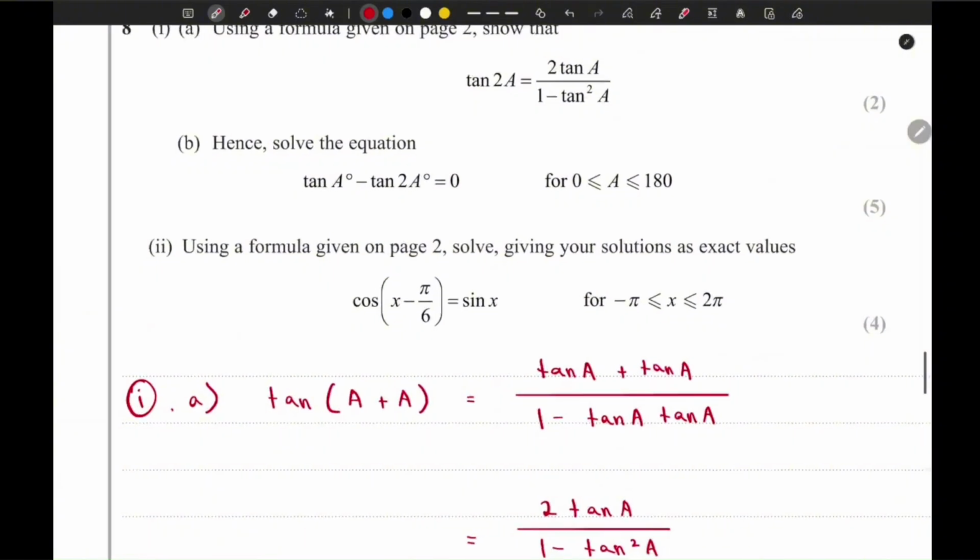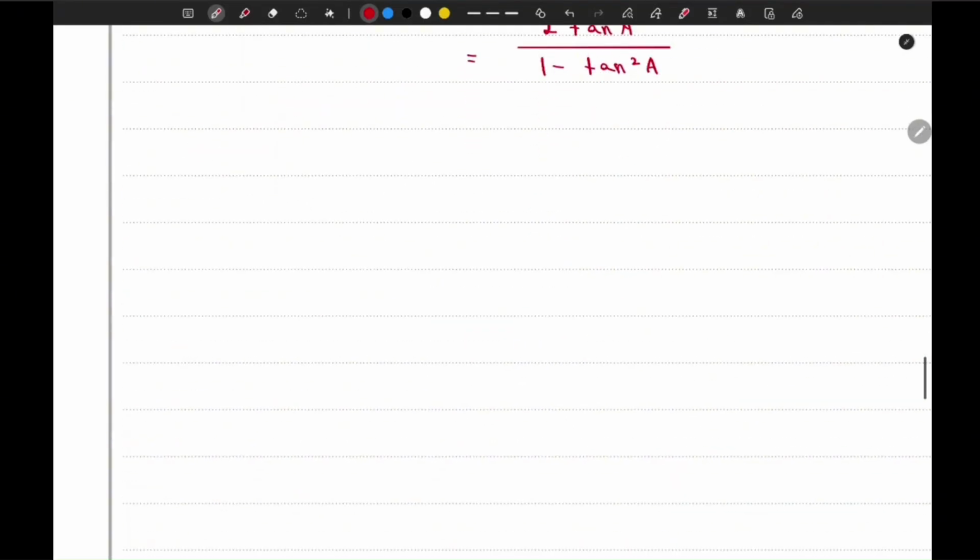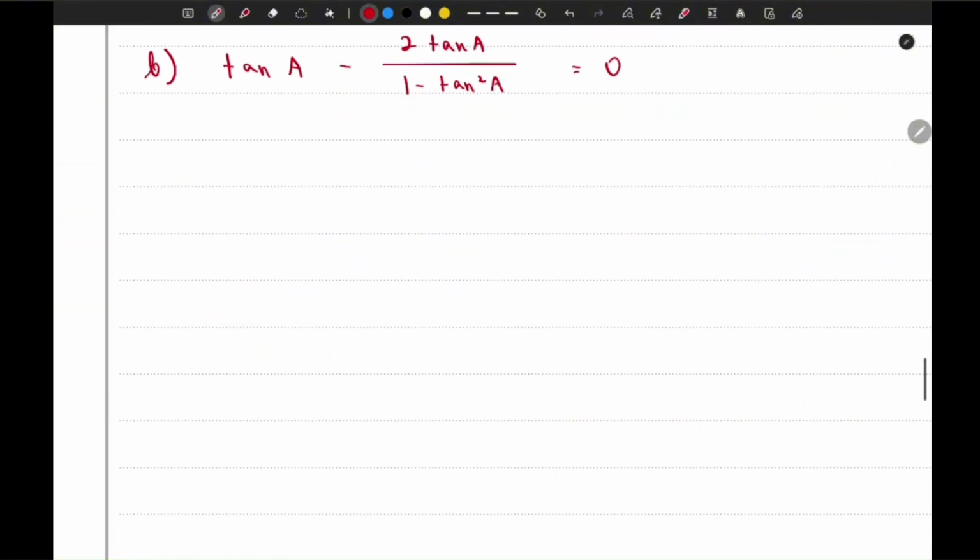Now moving on to the next part, we need to solve this equation and the domain is given in degrees. The equation is tan a minus tan 2a, which we can write as tan a minus 2 tan a divided by 1 minus tan squared a equals 0. Now we multiply this whole equation by 1 minus tan squared a.